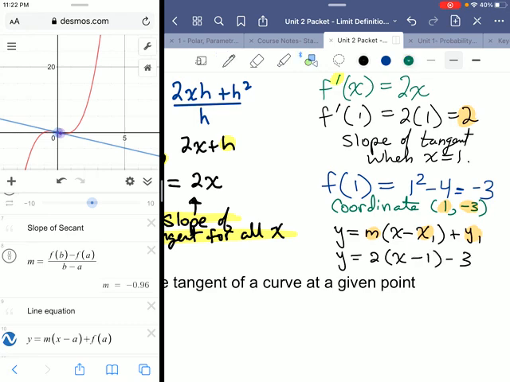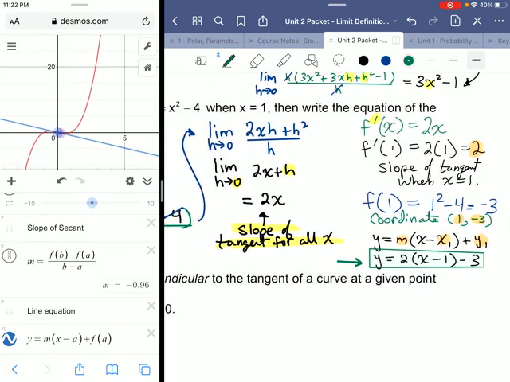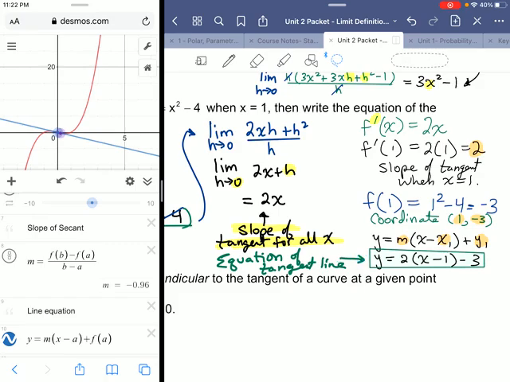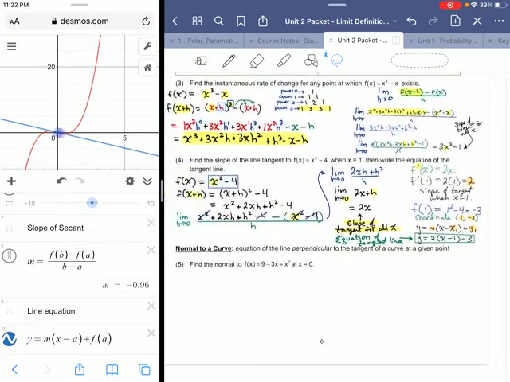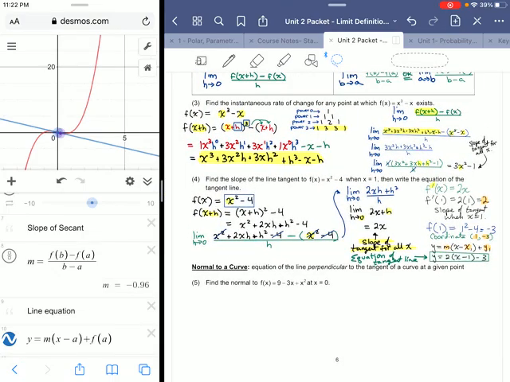And that is the equation of the tangent line. So the equation of the tangent line is what we just came up with. That's what they were asking us for, so it makes sense that we would come up with that.